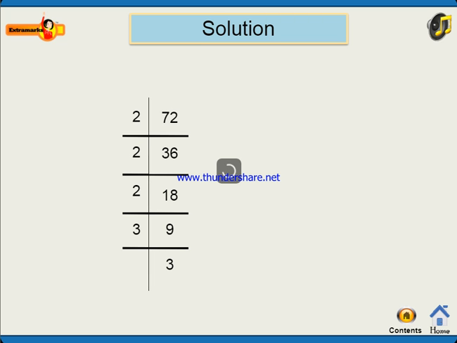Solution: 72 can be factorized as follows. Thus, 72 is equal to 2 into 2 into 2 into 3 into 3. Here we observe the factorization of 72 is unique, apart from the order in which the prime factors occur.